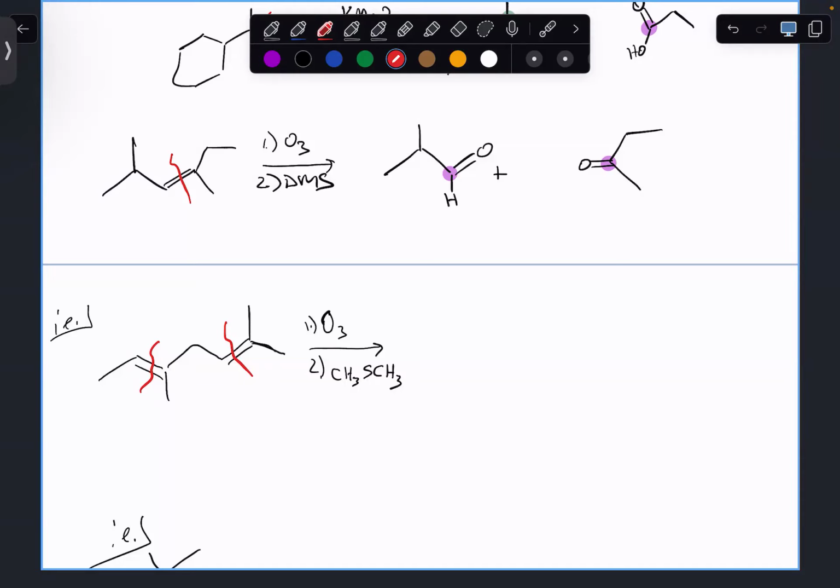You would get the left-hand piece. That would be one. And then you would get the space between the lines. That would be two. And then you would get the right-hand piece, which would be three. So you should have 3 products.